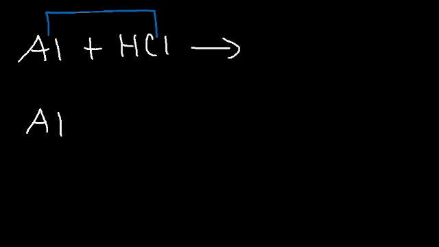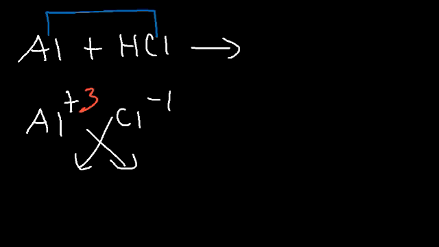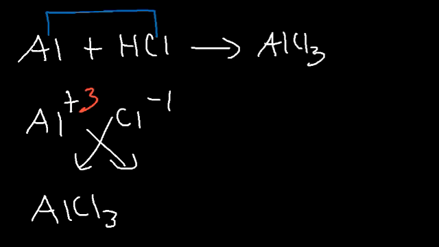Aluminum is going to lose its 3 electrons, turning into the aluminum plus 3 ion, and chloride usually has a -1 charge. So using the crisscross method, when these two get together, they turn into AlCl3. Now when hydrogen is displaced out of the solution, it's going to be elemental hydrogen, which is diatomic, and it's going to leave as gas.